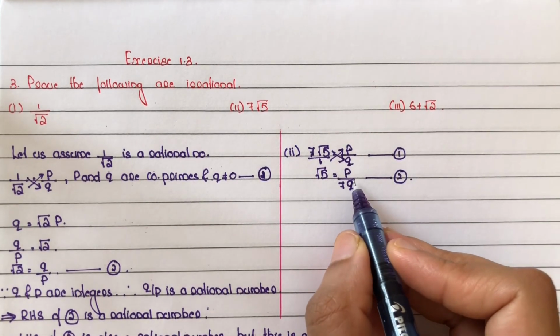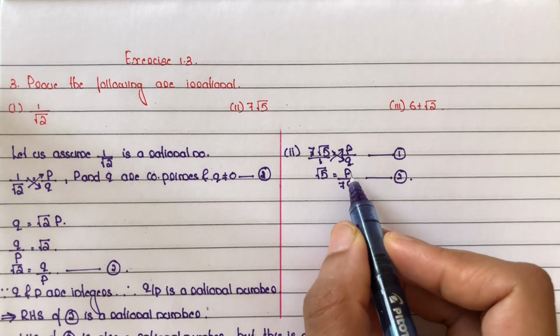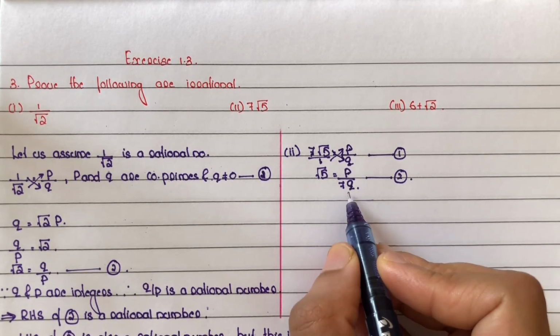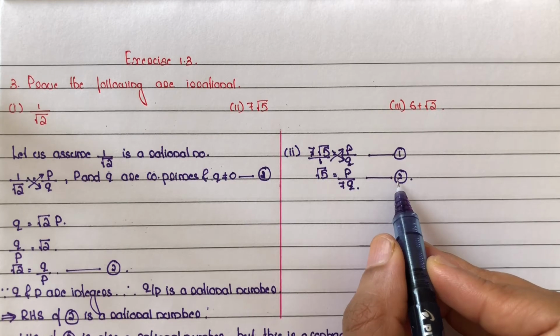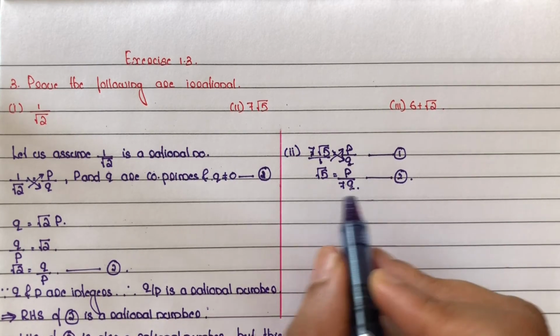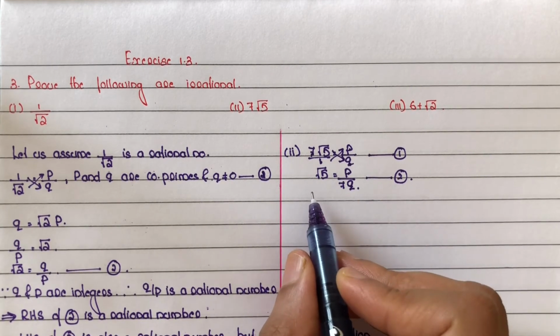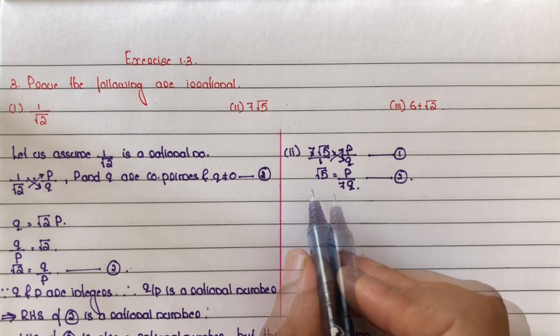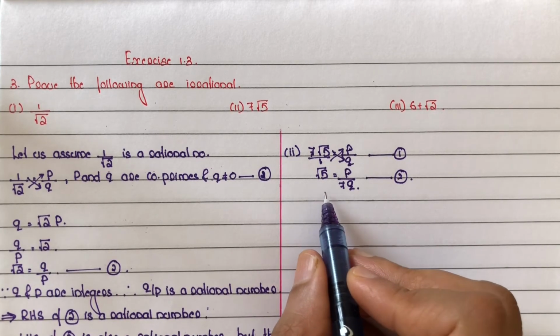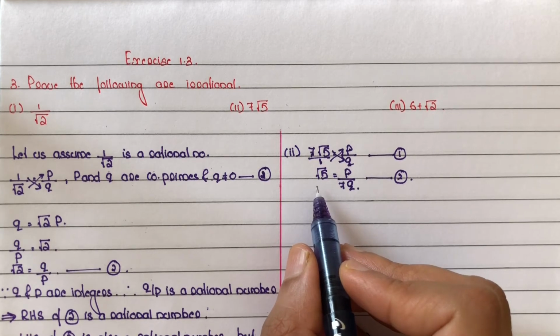Consider the RHS first. Here p, q and 7 are integers, so p by 7q is a rational number. That means the RHS of equation number 2 is a rational number. If the RHS is a rational number, the LHS will also be a rational number, because the LHS and RHS of any equation are the same. Here the LHS is √5, but we know that √5 is an irrational number.